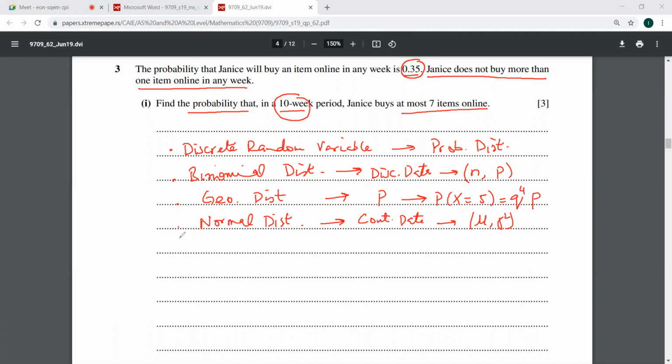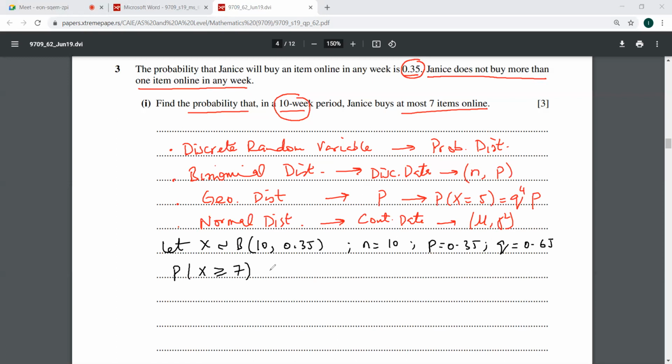So you would say, let x be binomially distributed with n as 10 and the success probability 0.35. You can mention here that your n is 10, your p is 0.35, and your q is going to be 0.65. And then it says at most 7. That means less than or equal to 7.